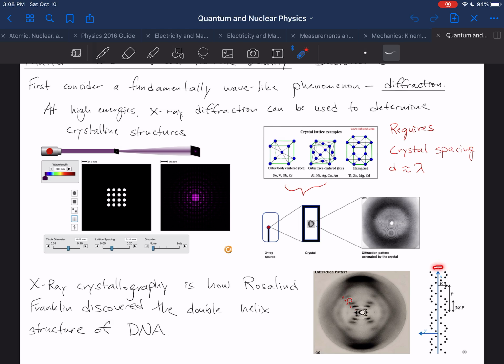So our classic favorite double helix structure looking like this, that's not a great drawing, but you get the idea, was discovered by Rosalind Franklin in the lab of Watson and Crick, who at the time took credit for her discovery, by using X-ray crystallography and unpacking the diffraction pattern that was revealed.